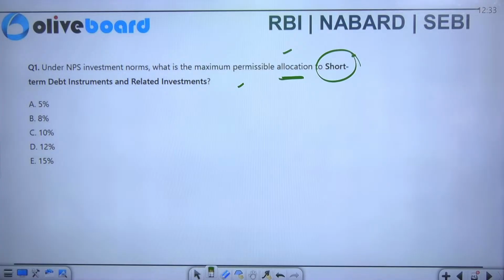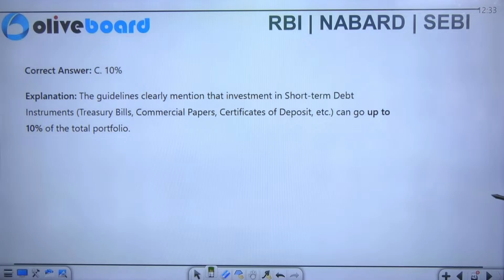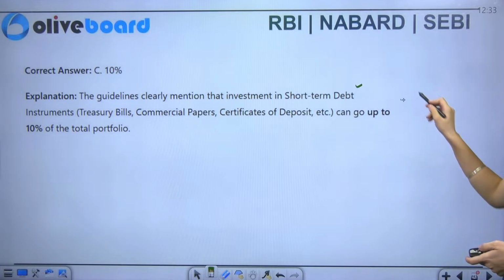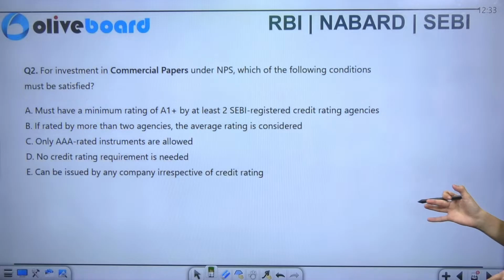Ashish, Atithi, 10%. Okay. Alright, so C is the correct answer, which is 10%. This clearly says that short-term debt instruments, which may include treasury bills, commercial paper, certificates of deposit, etc., can go up to 10% of the total portfolio.